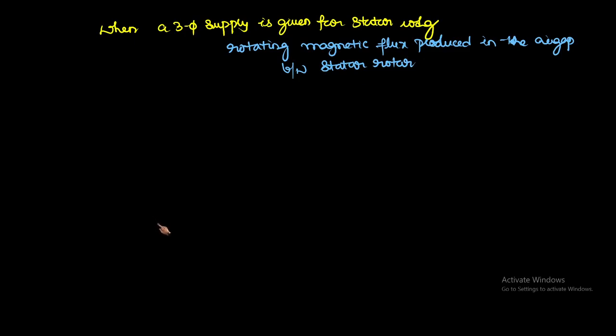How it is produced and how it is rotating, we can explain with a mathematical expression, that also we are going to see. So when a three-phase supply is given to the stator winding, a rotating magnetic flux is produced in the air gap between the stator and rotor. The rotor conductors are actually stationary initially.